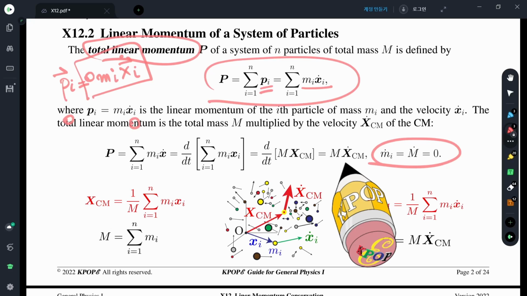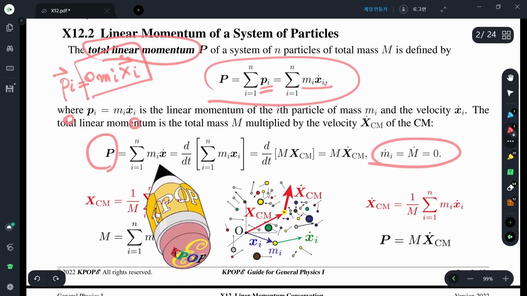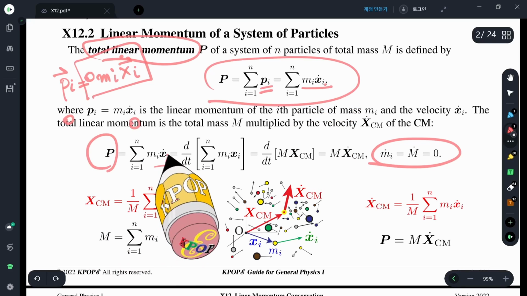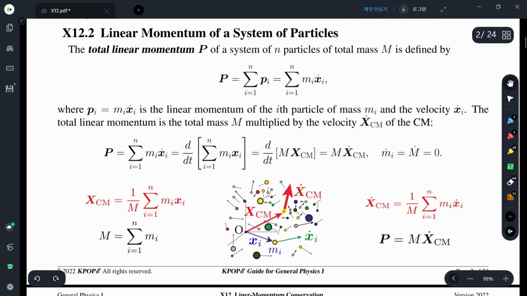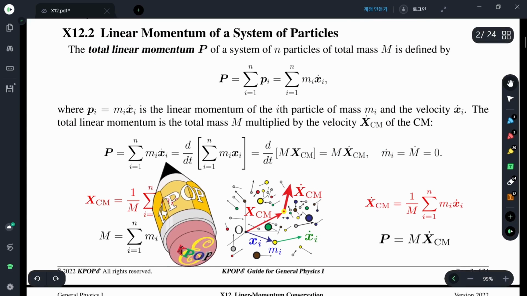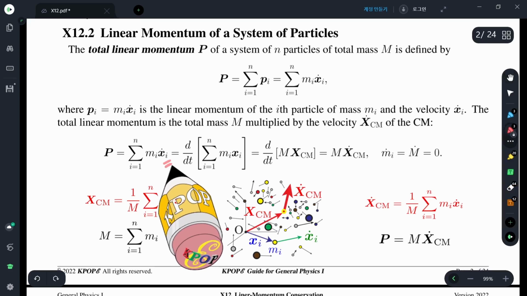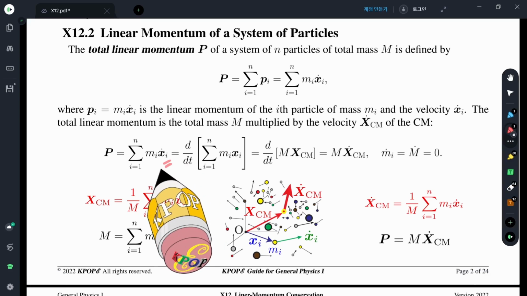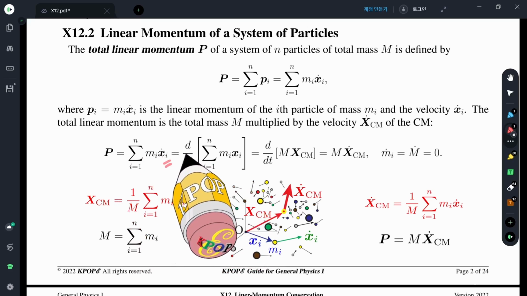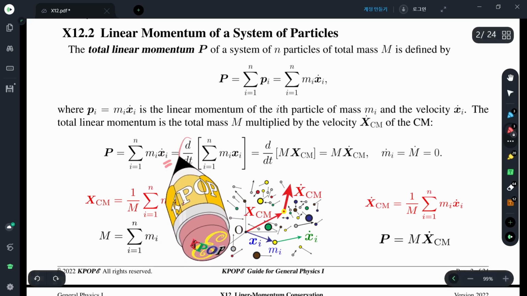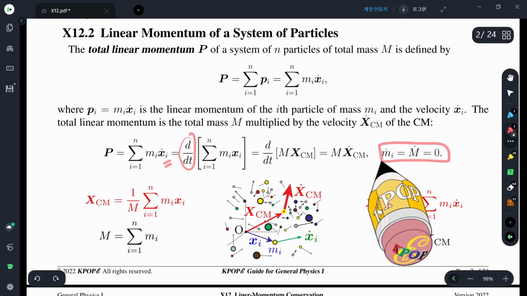In that case, the total linear momentum is by definition this, where i was missing, so I have corrected this typo. So the sum can be expressed by pulling the time derivative outside, and we have to impose these conditions.